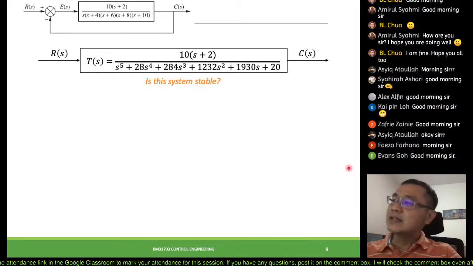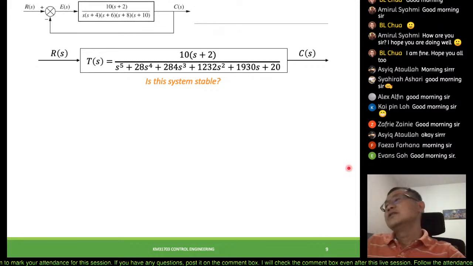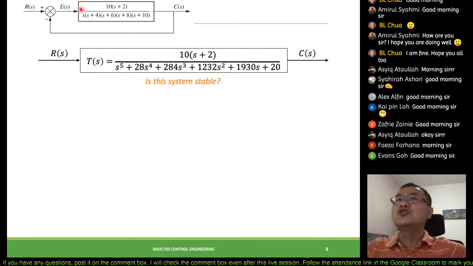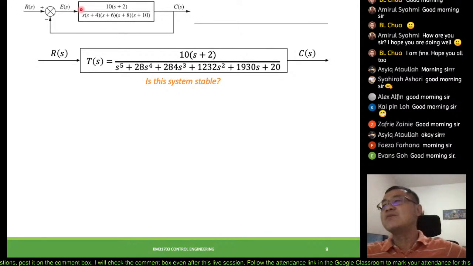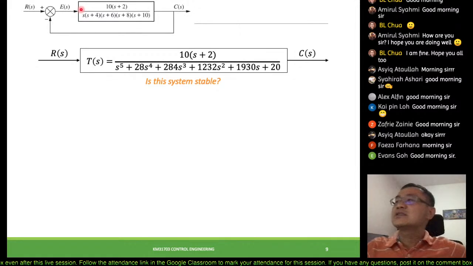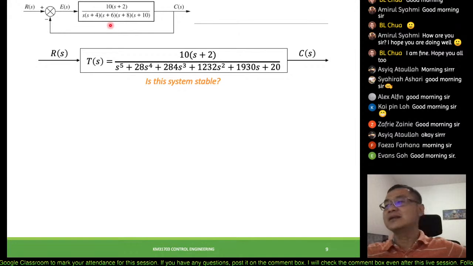The problem is that most of the time we intend to analyze what we call a feedback control system. If it is an open loop system, then we can get it directly, very straightforward.